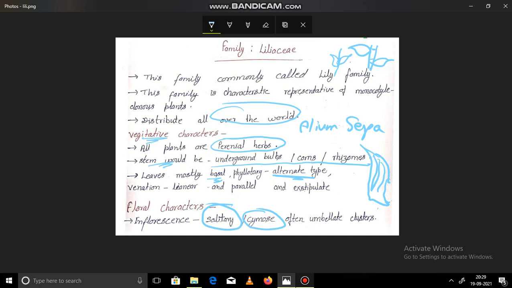At each end of each stem or axis, you will find a cluster of short flowers, which are often umbellate. Umbellate means multiple flowers in a single head, like this. Each one will be a flower. That is called an umbellate cluster. So the floral characteristics are solitary, cymose, umbellate, and cluster.